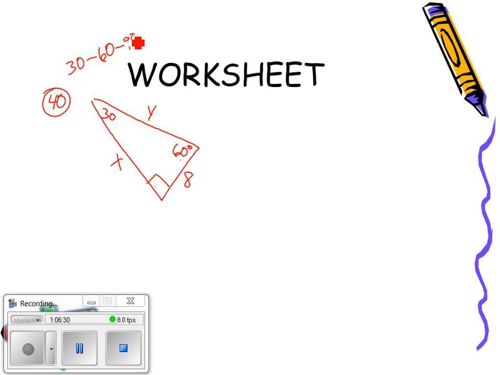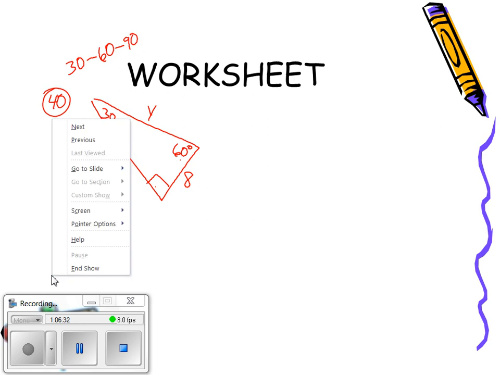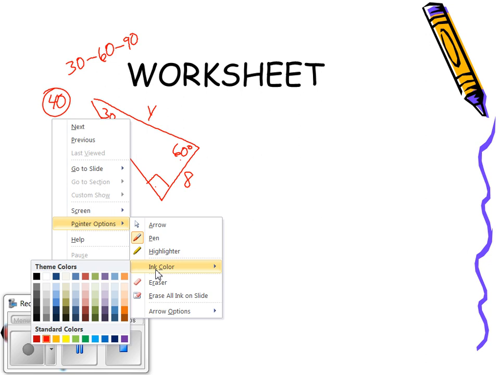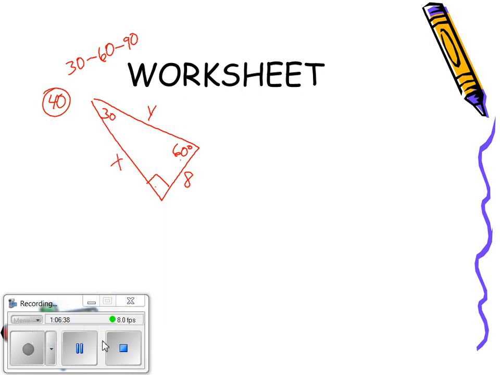In a 30, 60, 90 triangle, the very first thing you gotta do is go through and label them to make sure you're understanding what's going on. Side across from the 30-degree angle should always be labeled L. Side across from the 60-degree angle is L times the square root of 3. Side across from the right angle is 2 times L.